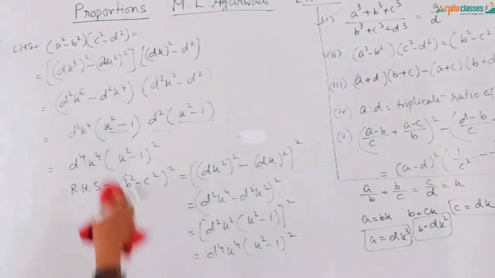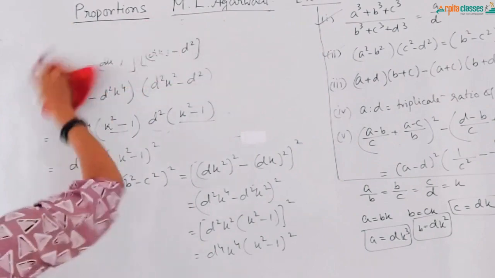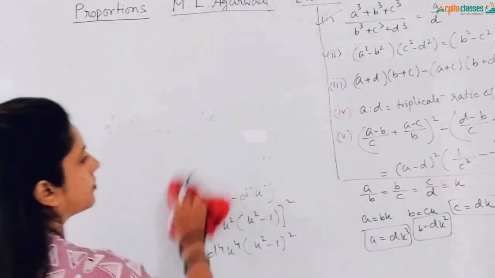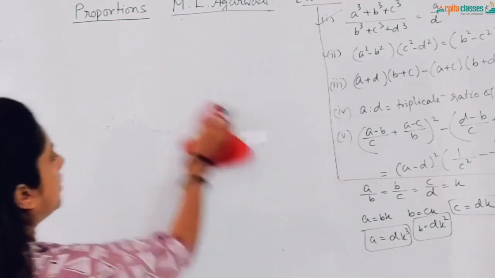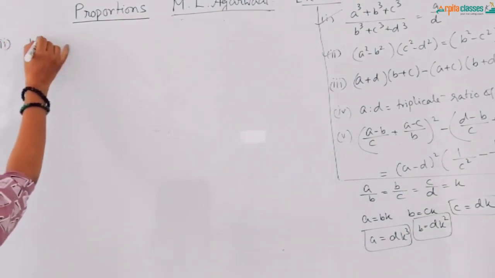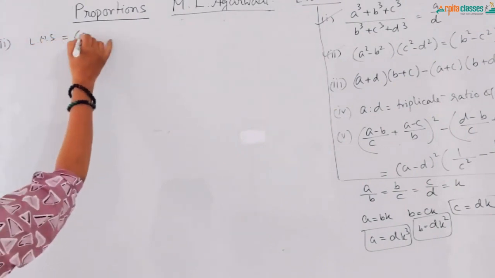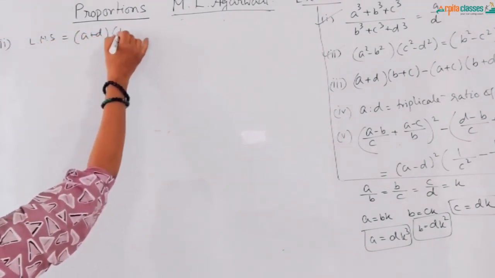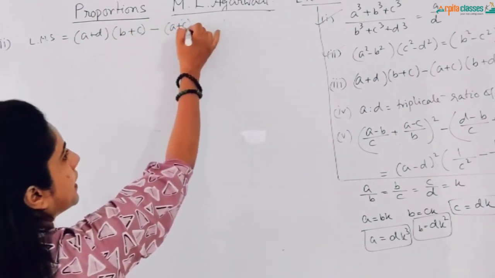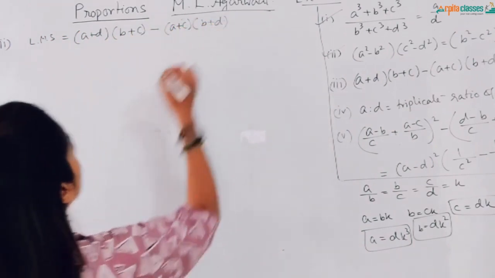Now let us go for the third question. Left hand side we have (a + b)(b + c) − (a + c)(b + d).